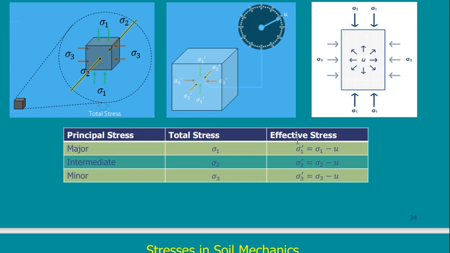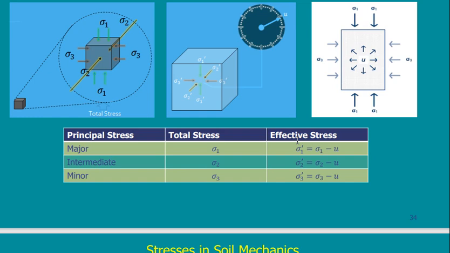Okay, so from this slide I want just to reach a few points. Any particle of the soil is subjected to vertical load and horizontal load in two perpendicular directions. Vertical load sigma 1, horizontal loads sigma 2 and sigma 3. All of them are in equilibrium.